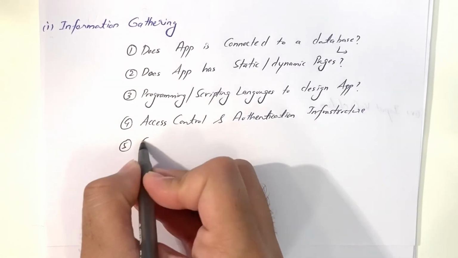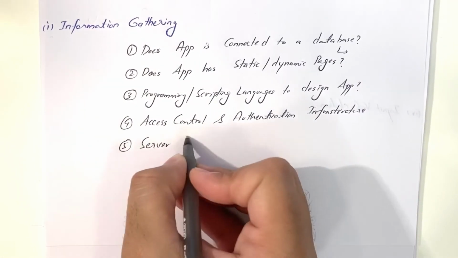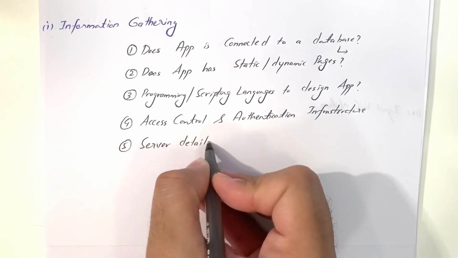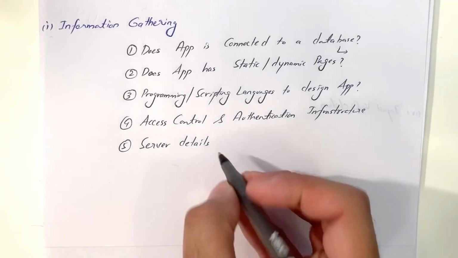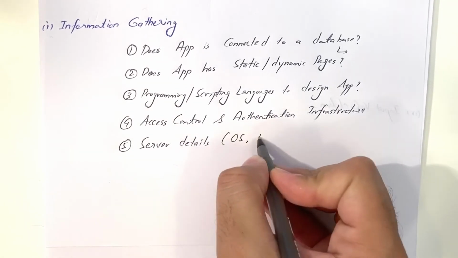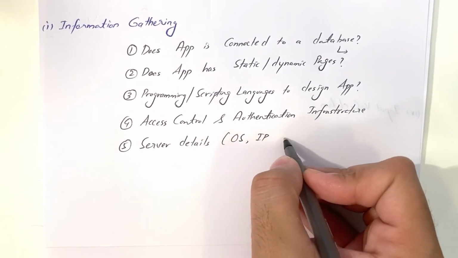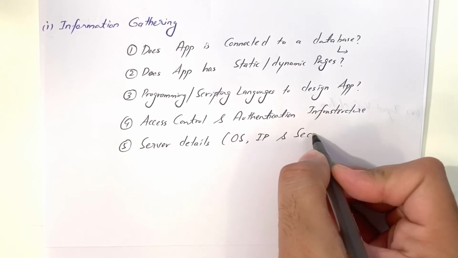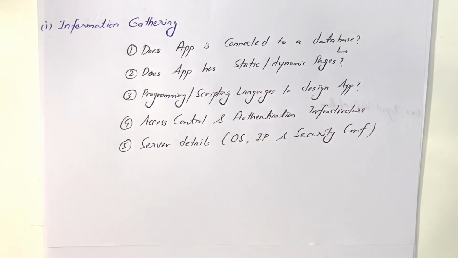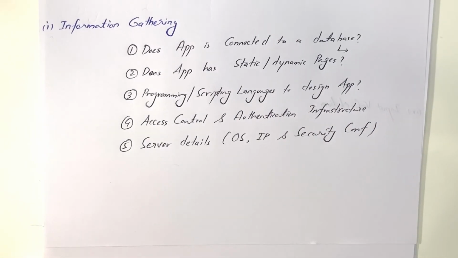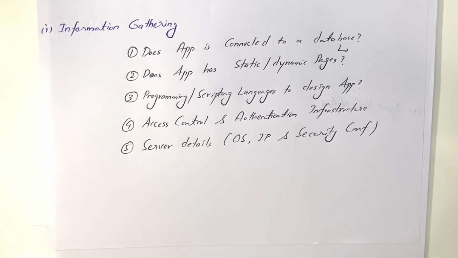Number five is the server details, like on which server the web application is running, what the operating system, IP address, and security configuration are. So these are some of the information that we collect before doing any kind of vulnerability assessment or any kind of web application attacks.